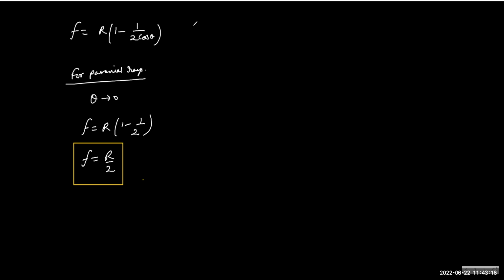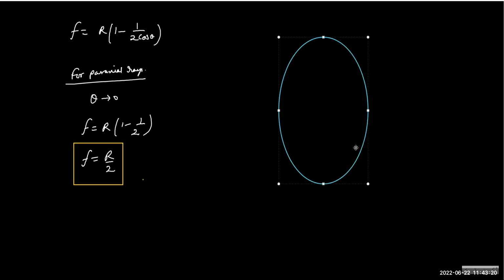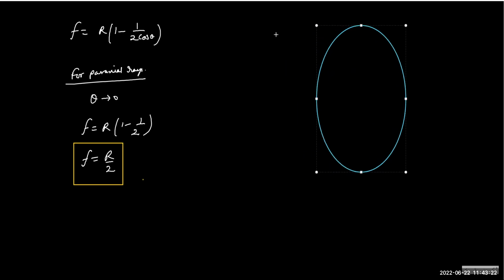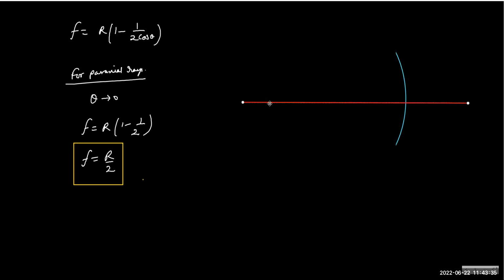So if I draw the focus, let me draw something. And these theoretical questions are very important from the point of view of JEE. JEE will ask you some deep question, and you won't be able to answer if you don't realize under what condition a given formula is applicable.